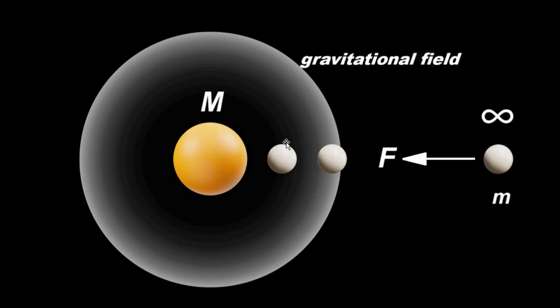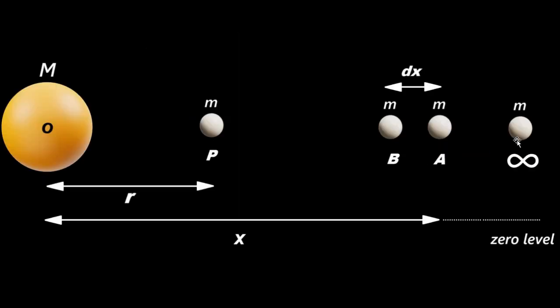The test mass is brought from a faraway distance, basically infinity, to a certain position in the gravitational field of the source mass. So let's say the test mass is brought from infinity to point P, which is at a separation distance of small r from the source mass capital M.